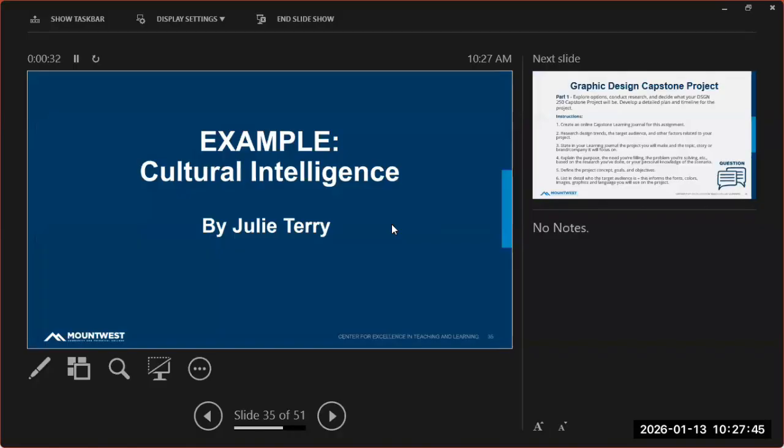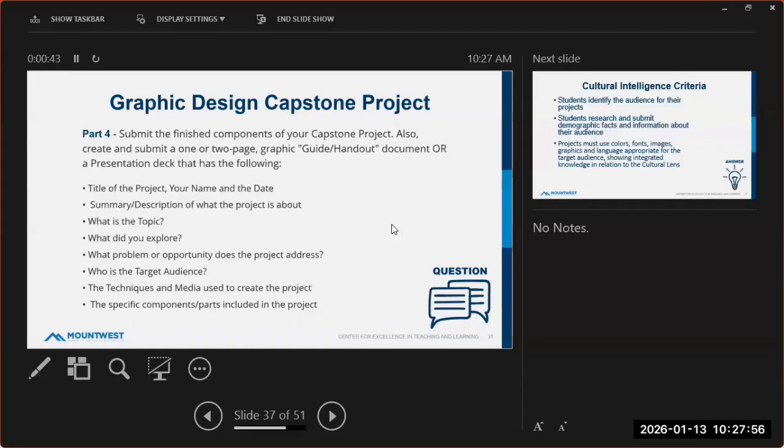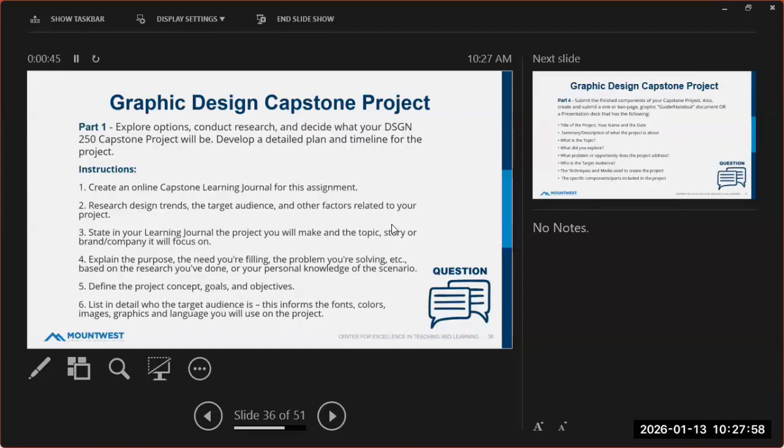Let's look at a possible cultural intelligence scenario. I will look at the rubric that's created for part 1 of the assignment and part 4 of the assignment. Part 1 is the formation, the creation, the development of it.